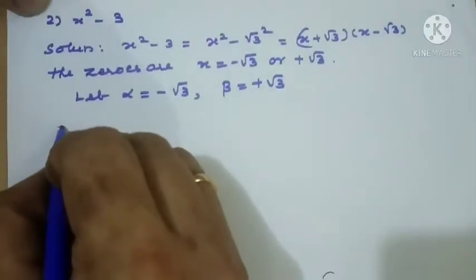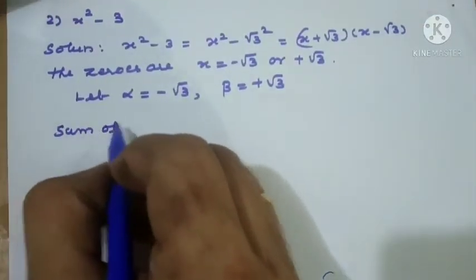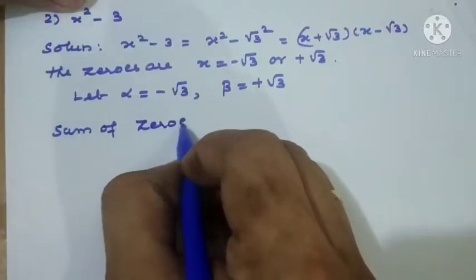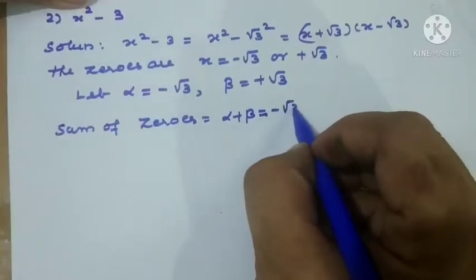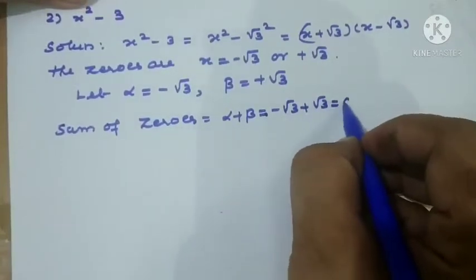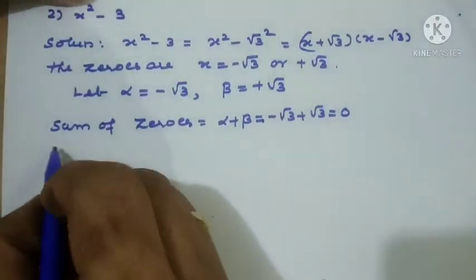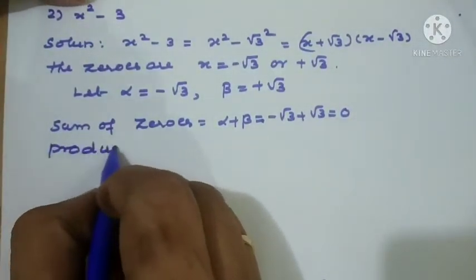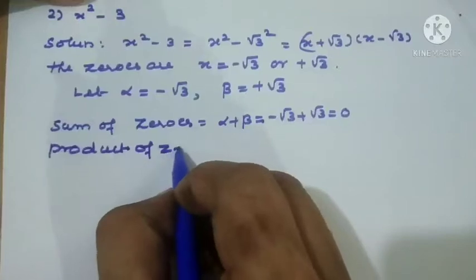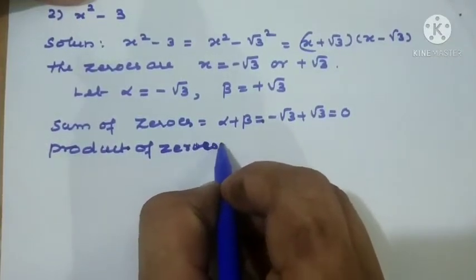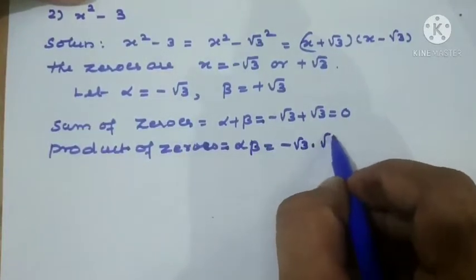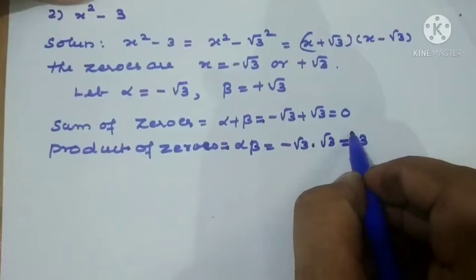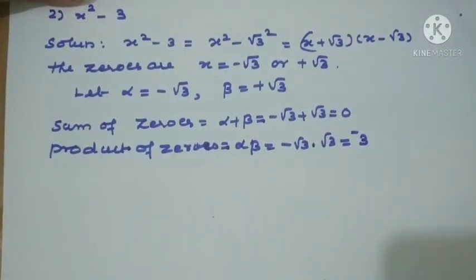So what is the next? Next part we should find out the sum of the zeros, equal to alpha plus beta equal to minus root 3 plus root 3 equal to 0. Next, product of the zeros: minus root 3 into plus root 3, it is minus 3 only.